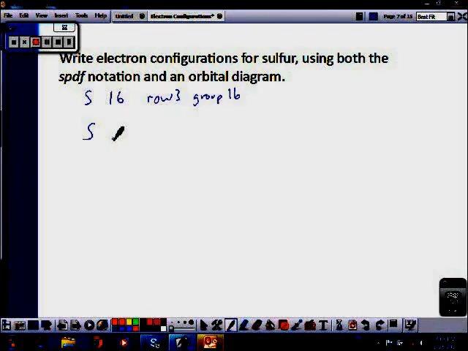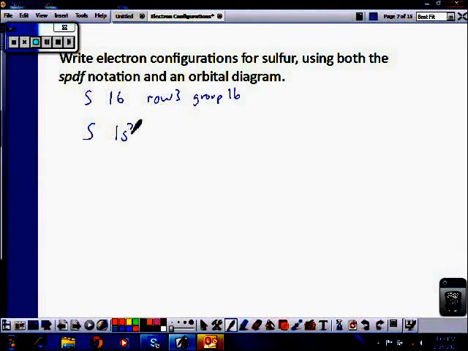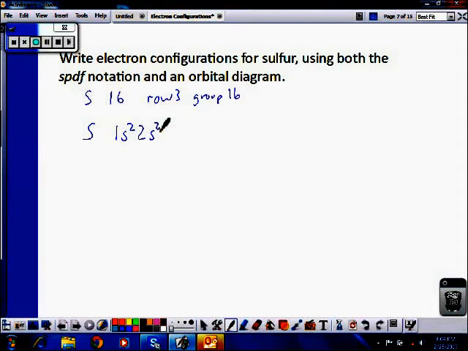So we start by filling up 1s2, and that tells me there are 2 electrons in 1s. So now I have placed 2 of the 16 electrons in sublevels. Then I go 2s2. That's 4 electrons total placed out of 16. 2p6. That's 10 electrons placed out of 16.